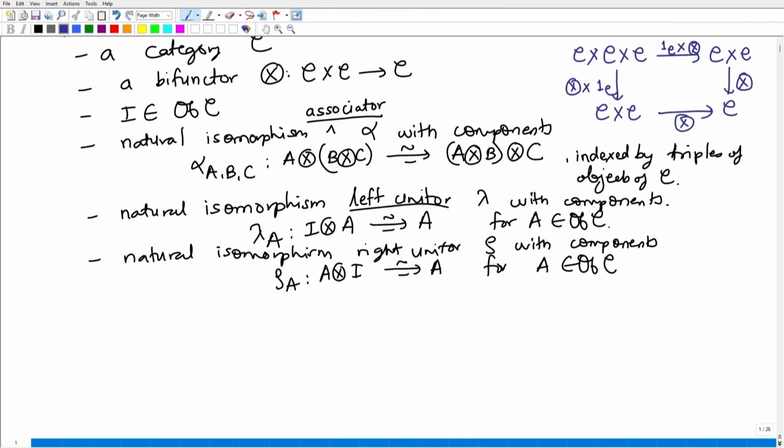Alpha is a natural isomorphism, and you always remember that a natural transformation consists of data indexed by objects of the domain. So that's precisely what we are doing here. Okay, so fine. Any questions here in this definition?